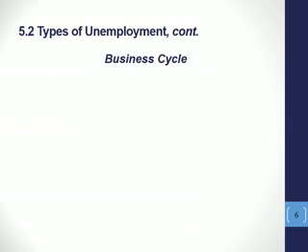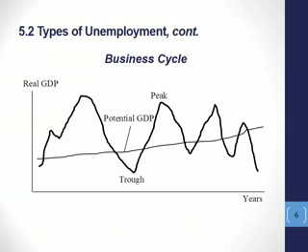Here we have the business cycle. As you see from this figure, the business cycle shows fluctuations in real GDP, upward and downward. Sometimes real GDP is increasing, as you see, other times real GDP is falling. Real GDP falls and even becomes below its potential GDP.